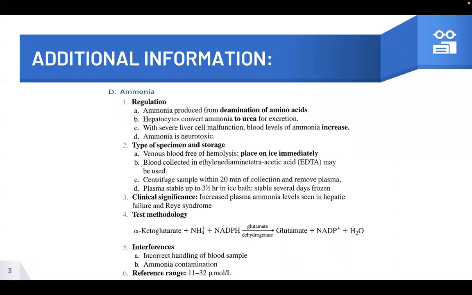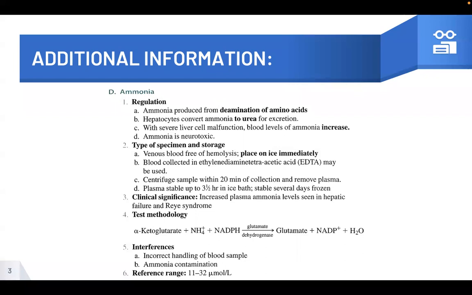Bakit po nagkaroon ng cerebral edema? Kasi nung nag-travel na siya papunta sa central nervous system, nagkaroon ng increased intracranial pressure. Nung nagkaroon ng cerebral edema, it can lead to coma. And this is neurotoxic.